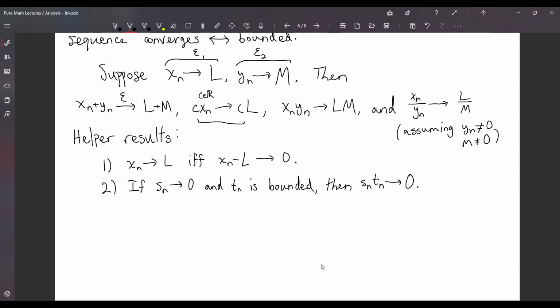Especially here, you only need epsilon 1. But these epsilon 1 and 2 give you values n1 and n2, and then you could take the maximum of these two numbers and let that be n. And then you could usually work from there.